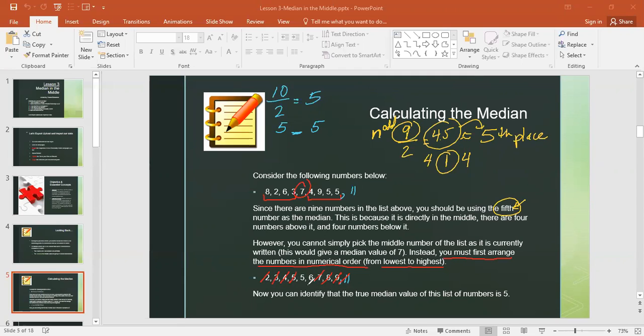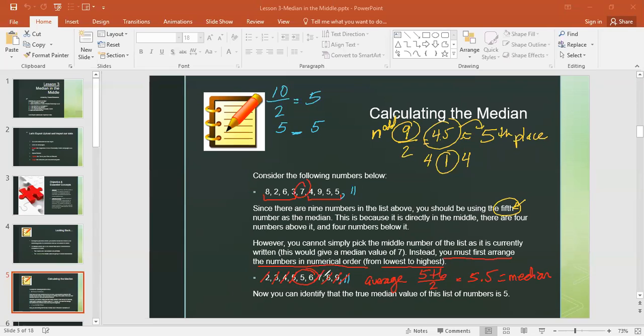So how do I find my median here when I have two numbers left in the middle? Okay, well, I take their average. So I do 5 plus 6, and then I divide it by 2. So I'm taking their average, which would give me 5.5. So my median value for this would be the average of the two middle ones.